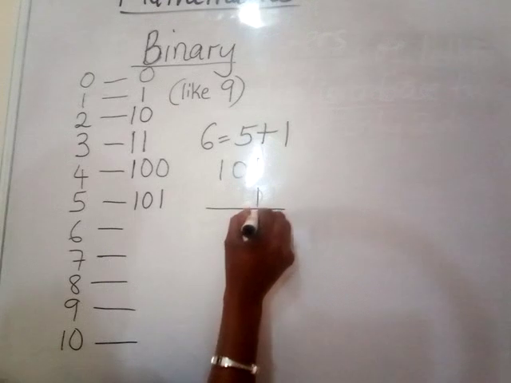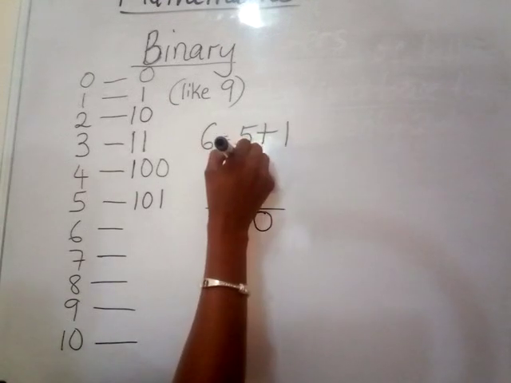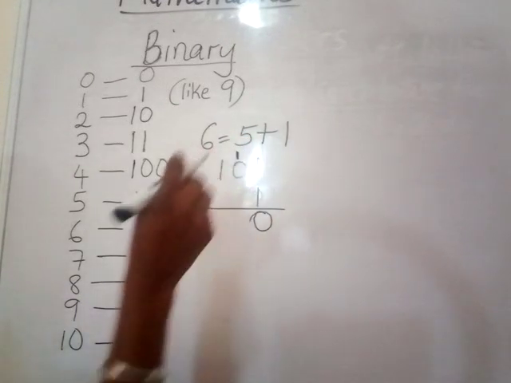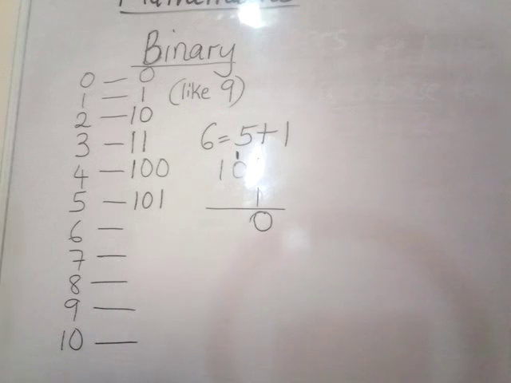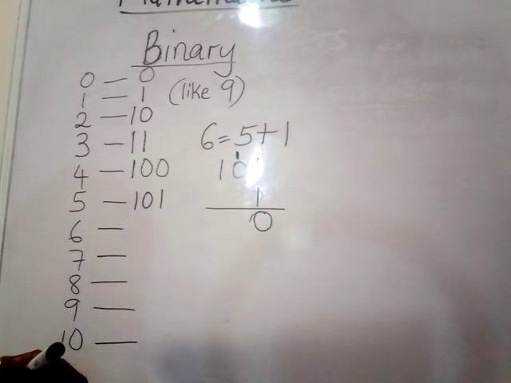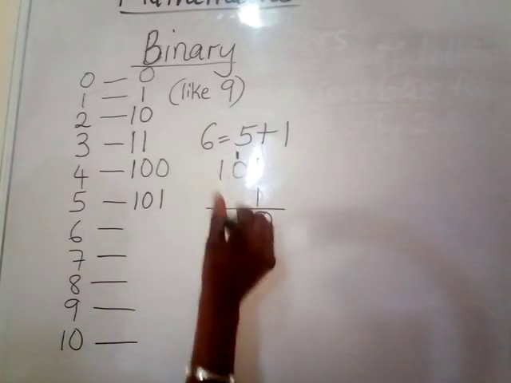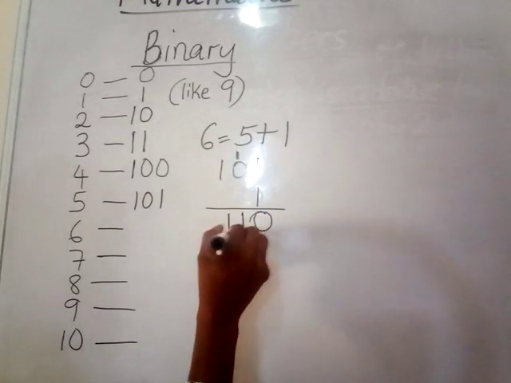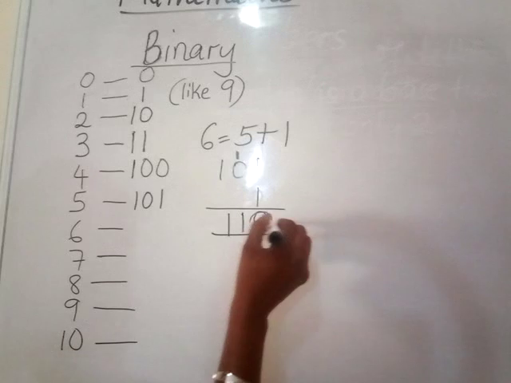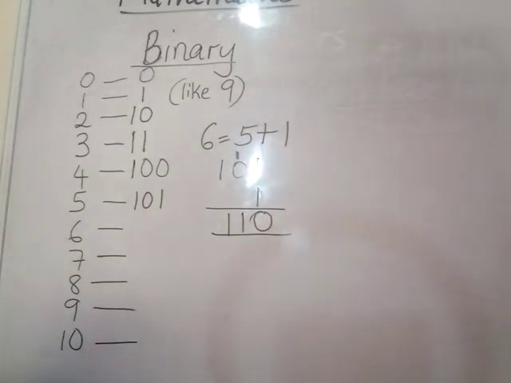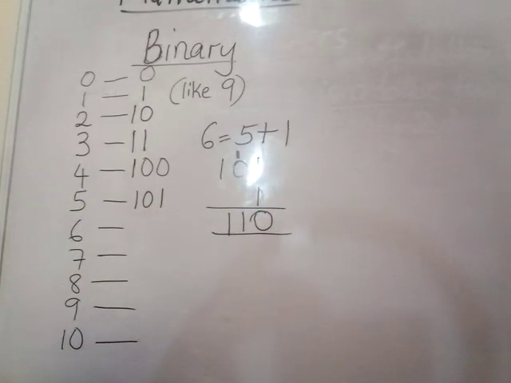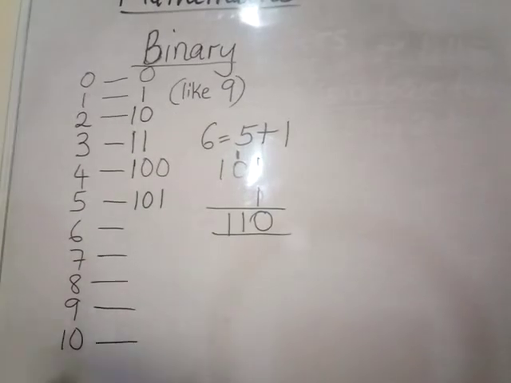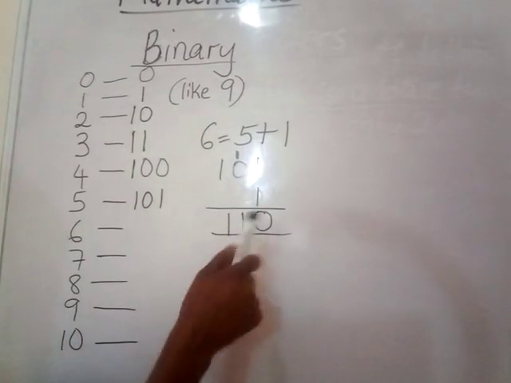So again, we reset to 0 and we bring the 1 here. So 1 plus 0 is 1, and then 1 plus nothing is 1. So the number 6 in the binary form is 1 1 0.